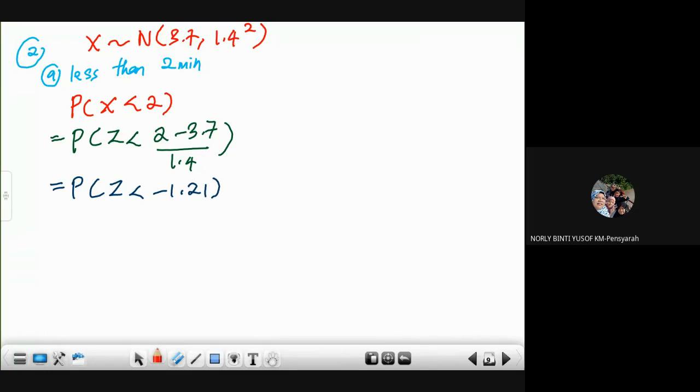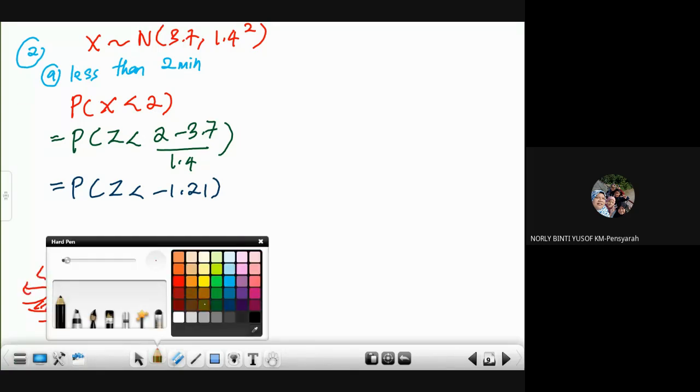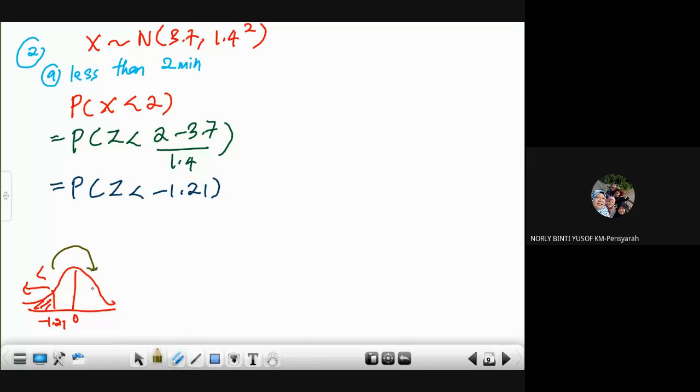Tapi kita boleh draw normal shape to understand. Okay, negative 1.21. Lesser, so lesser kat sini lah. Tapi dia akan symmetrical dengan kawasan greater than.